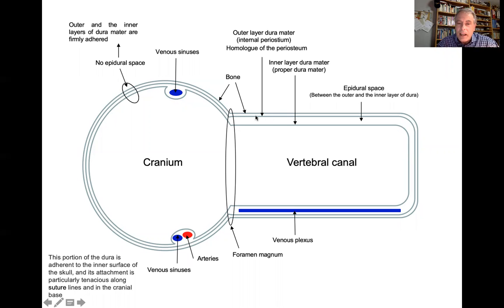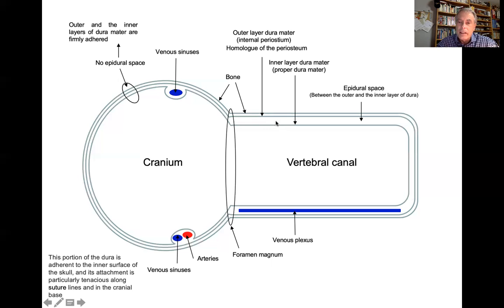The layer that is underneath is part of the dura mater, because the dura mater has two layers. One is a periosteal layer of the dura mater, the outermost layer of the dura, and a second layer underneath is the proper dura mater, the inner layer of the dura mater.